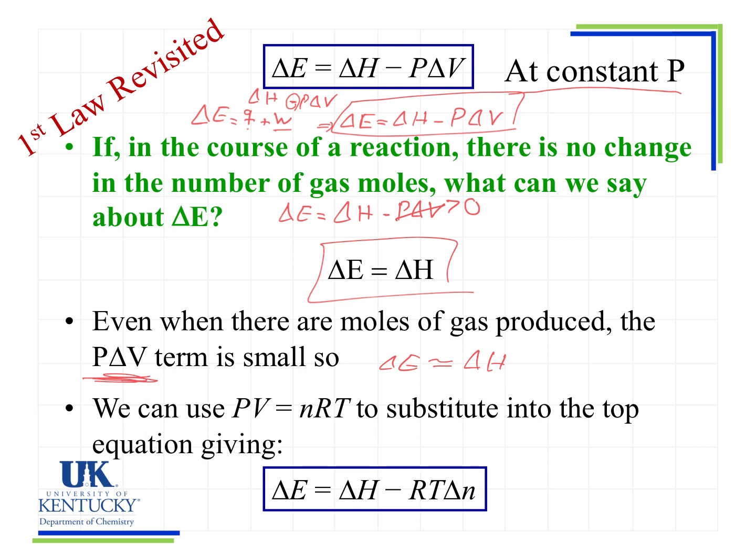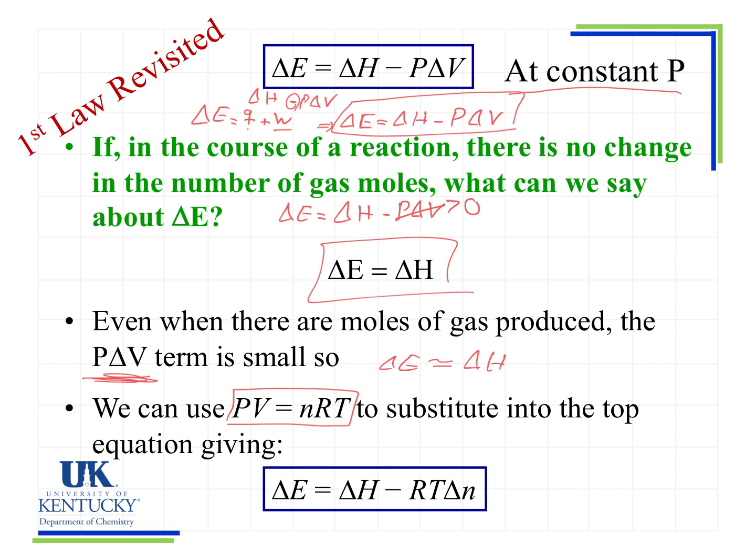If you think about the gas law, one of the most famous equations for ideal gas, PV equals nRT. If we take that and substitute for the P delta V, we can get RT delta n.